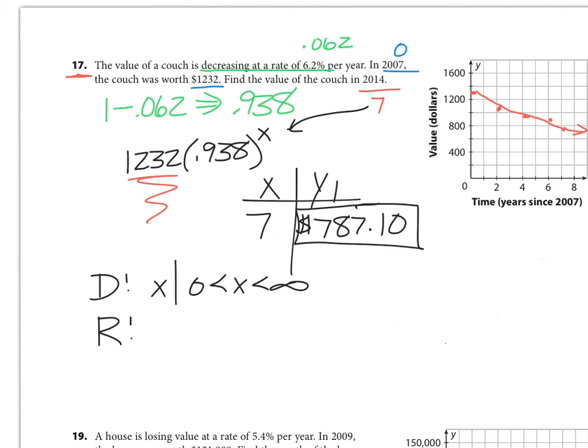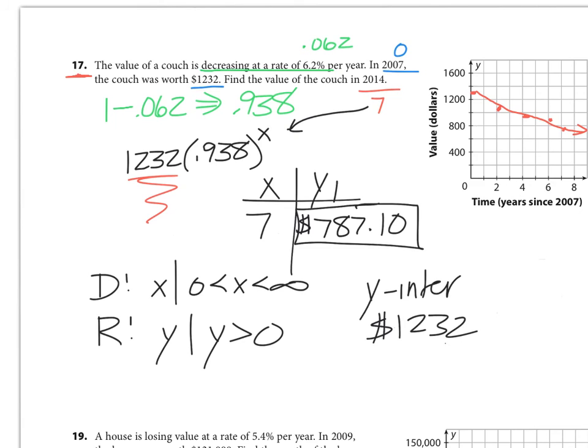Now, in this case, your range values are going to be greater than 0 because it goes down and it'll flatten out at 0. So that's your range. And then your y-intercept is the value you started with, which in this case was $1,232. That's how much the couch was worth at the very beginning, or your starting point.